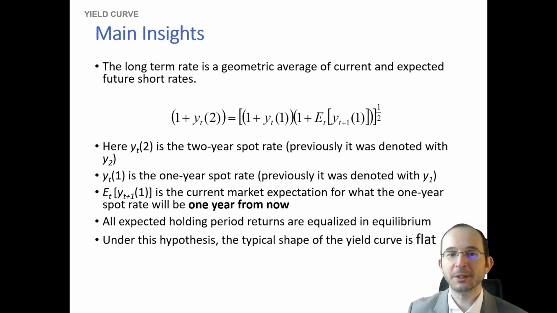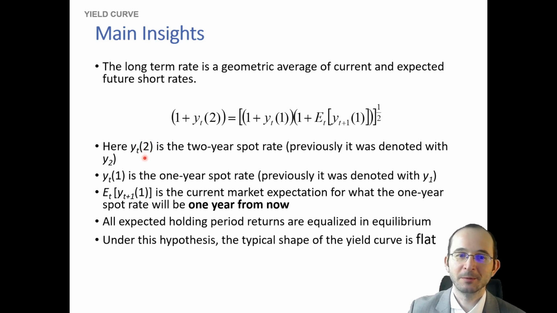The notation is a little bit different because now we're going to work with different time subscripts. So we're going to say that the yield is going to have 2 inputs. There's going to be the time subscript. Time t means right now. T plus 1 would be a year from now. And the input in parentheses will be the maturity for the particular yield.